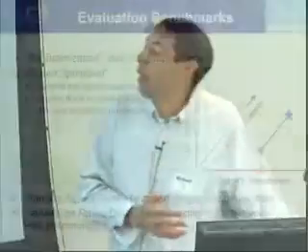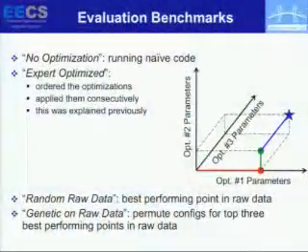Is it doing better than, if you randomly selected a point in this 1,500 point data set, would that be better than what KCCA is actually generating? To disprove that notion, we also have 2 more benchmarks. The first being random raw data. So out of our 1,500 points, we choose the best one, and we'll present that performance. And then genetic on raw data.